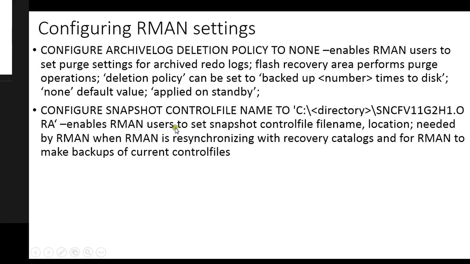Basically, this is to set your snapshot control file name and location. This is used by RMAN when it's synchronizing the recovery catalog, and also when RMAN is making a backup of a current control file.